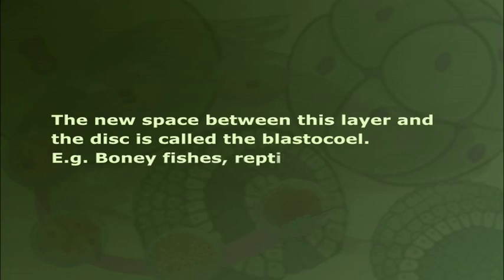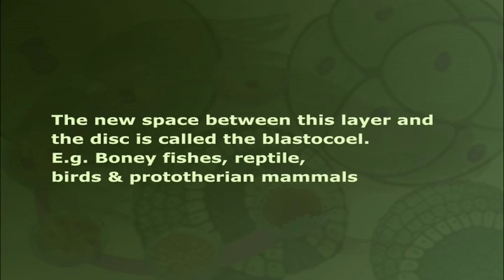Some cells of the blastoderm migrate into the subgerminal cavity. These cells continue to divide and later form a layer over the yolk surface. The new space between this layer and the disc is called the blastocoel. Example: bony fishes, reptiles, birds and prototherian mammals.